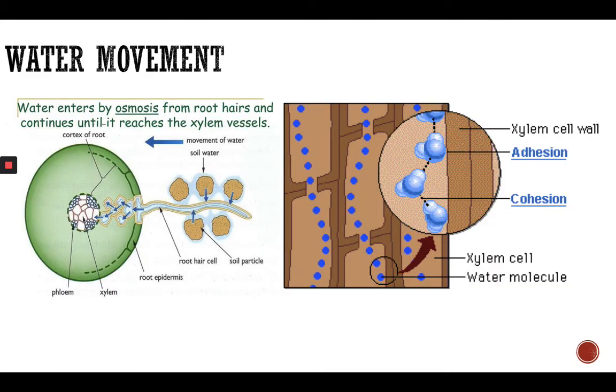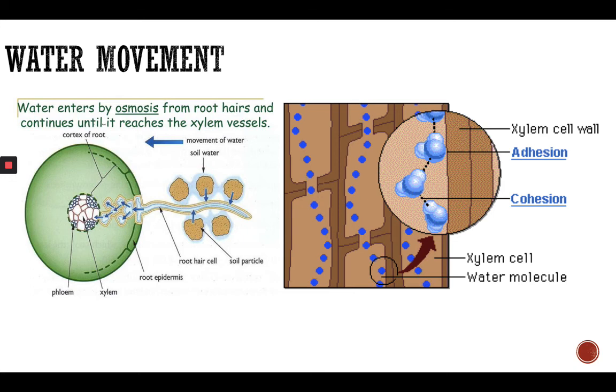So water movement, as you know, water enters by osmosis from root hairs and continues until it reaches the xylem vessels. You might think, how does water actually enter the root hairs and go up to tall trees? It is because of the water properties, adhesion and cohesion.